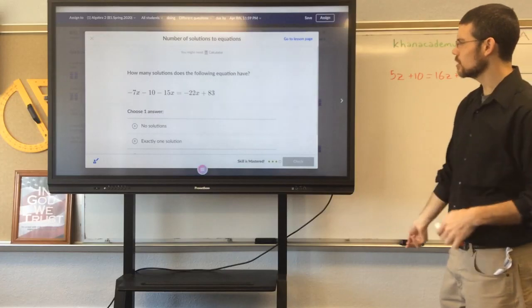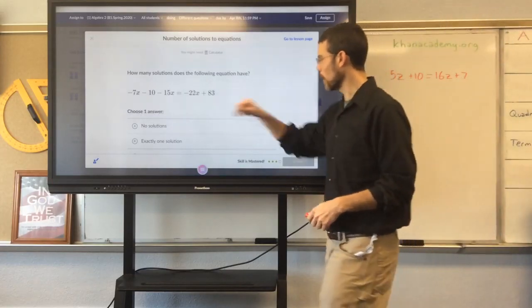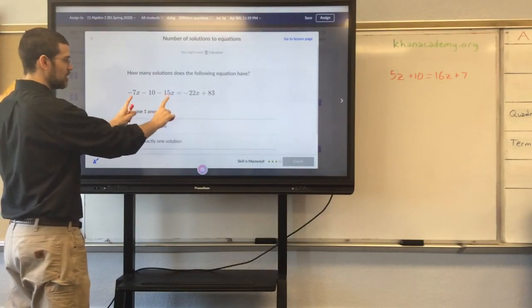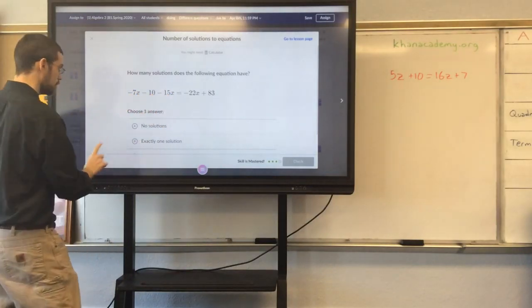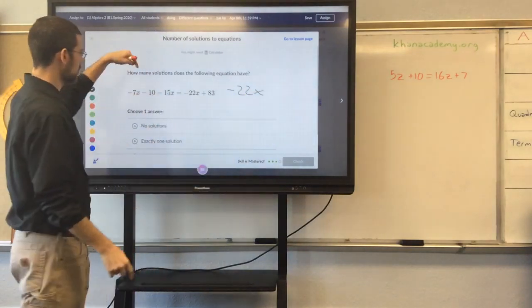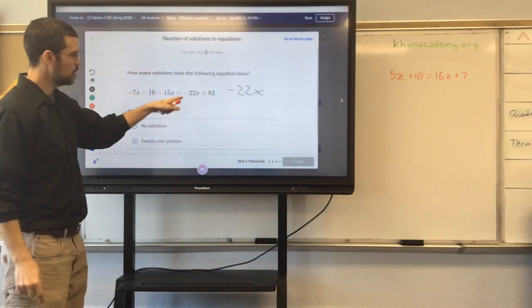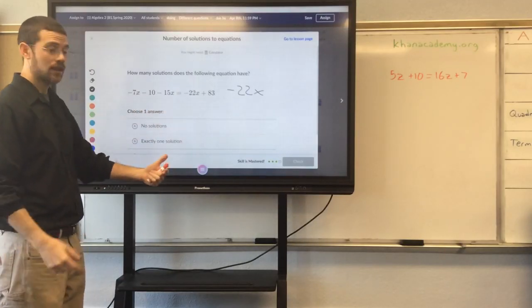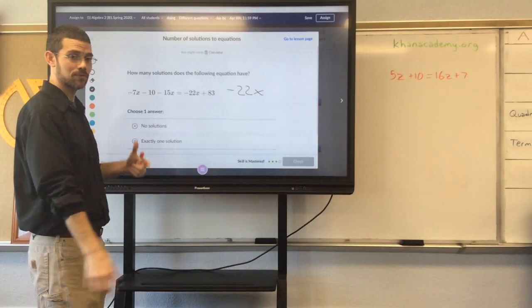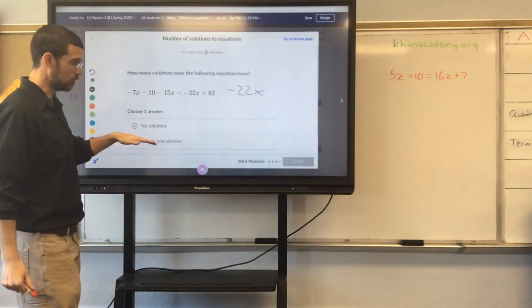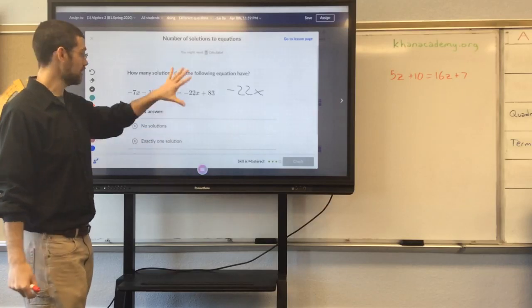How many solutions does the following equation have? Okay, so we have negative 7x minus 15x, that's negative 22x. We have negative 22x on the left side of the equation. We also have negative 22x on the right side of the equation. That means when I add 22x to both sides, the x's disappear. So I don't have only one solution because it doesn't matter what x is.